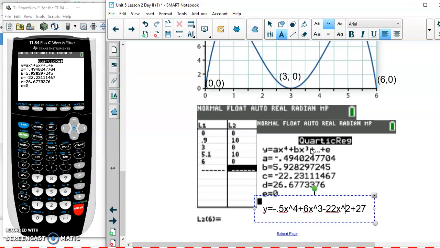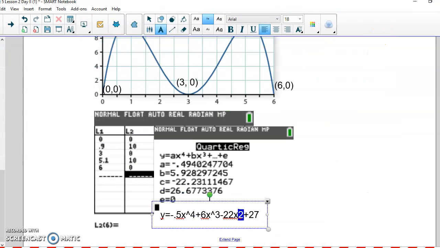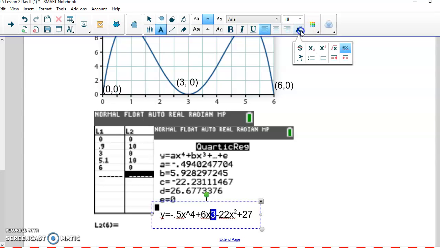Now all these are actually exponents, so let me just make them look like that.